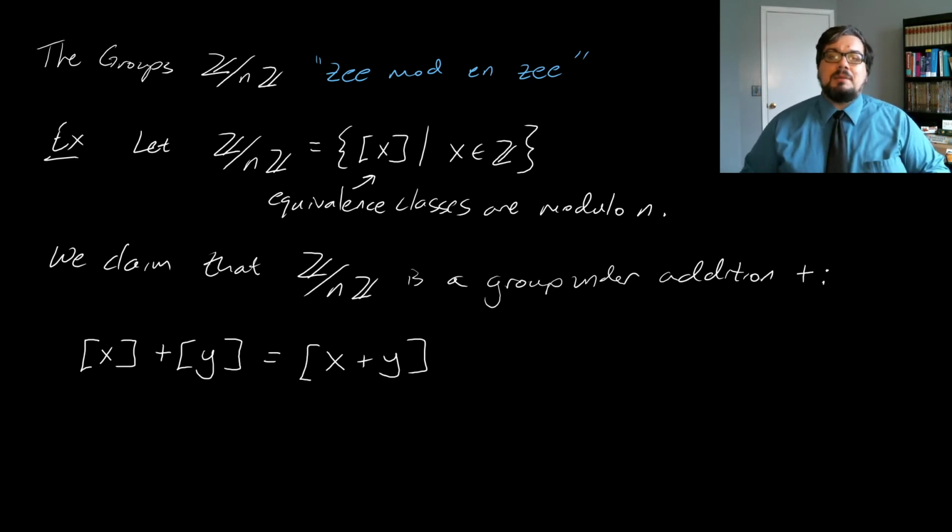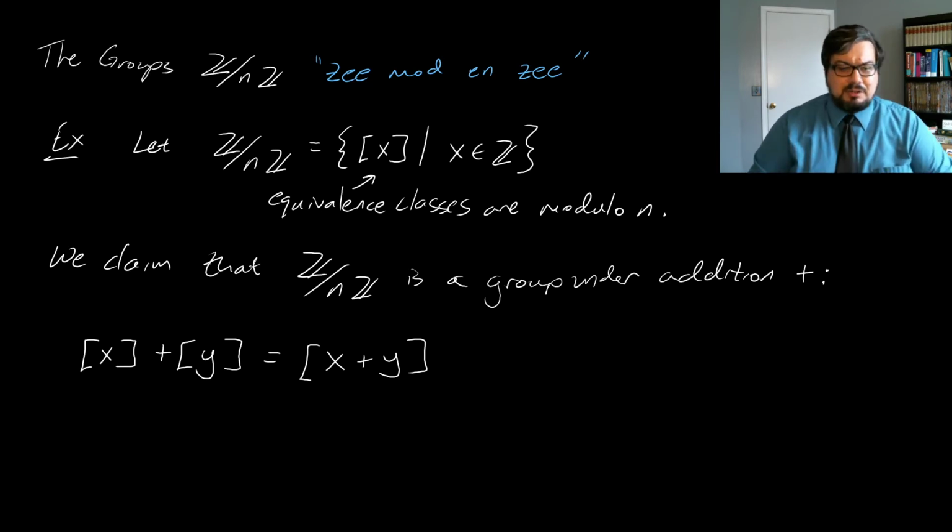Now, we can do a couple of examples to see why we might believe that should be true. Let's take a sub-example here. Let's look at the equivalence classes modulo 6.